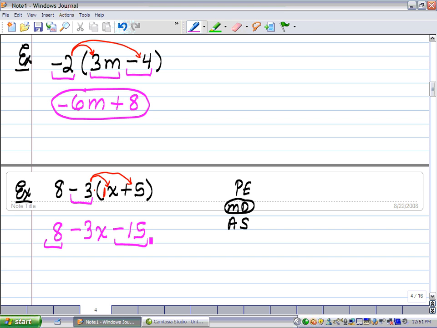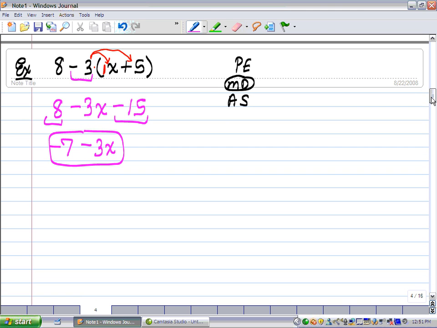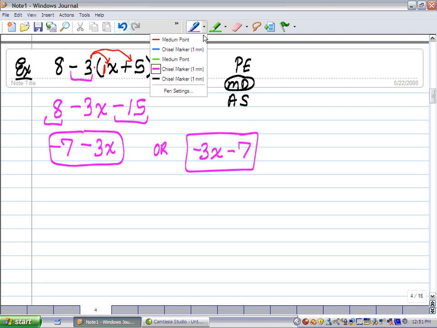They're both constants, the 8 and the negative 15, so I can put those together to get negative 7 minus 3x. Now here it would not have mattered which came first in my answer, the negative 7 or the negative 3x. So either answer is correct.